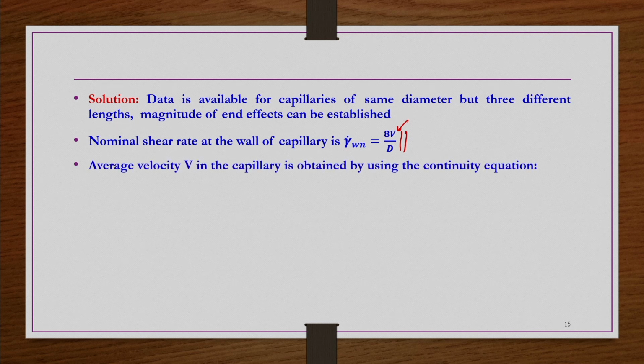Average velocity V in the capillary is obtained by using the continuity equation: pi dB square V ram by 4 equals pi d square V by 4. dB is the barrel diameter, d is the capillary diameter, V ram is the velocity of the fluid in the ram that is given, and V is the average velocity of the fluid in the capillary. So, this V we have to find out.